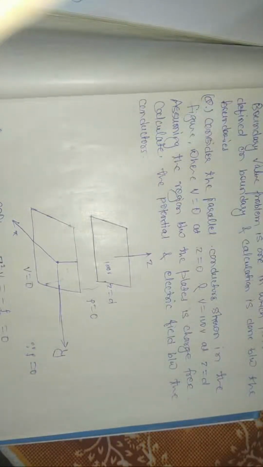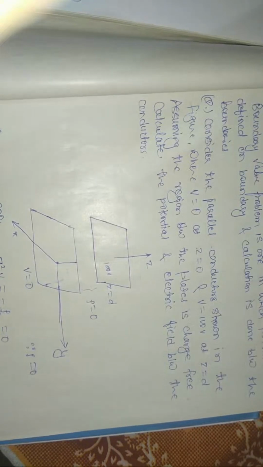Now simply we integrate: del squared V by del Z squared equal to 0. This is the first equation.